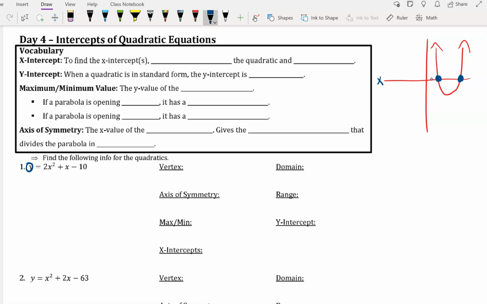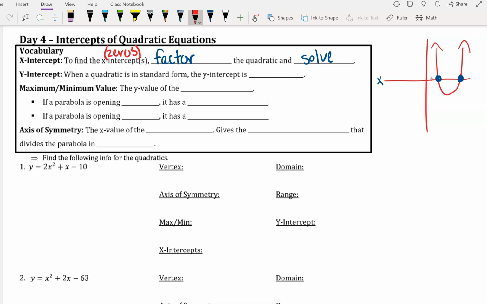So that kind of takes us back to last unit. Another word for solve in this case is to find the zeros. To find the zeros, we factor the quadratic and solve. So long story short, all you have to do to find the X-intercepts, or zeros, those are the same thing, you factor and solve.